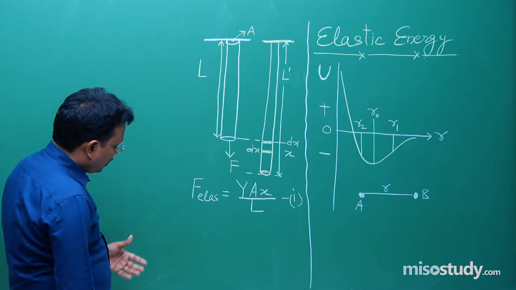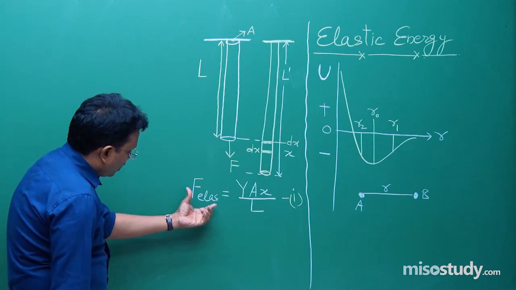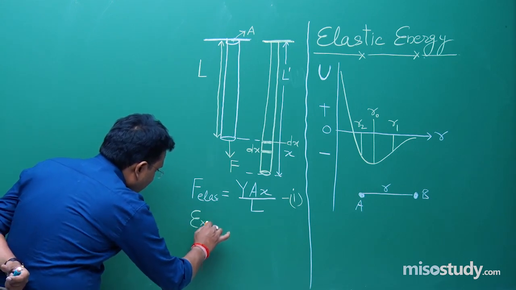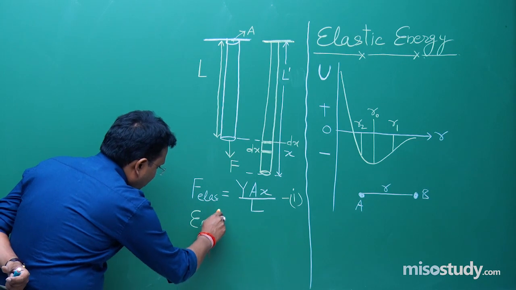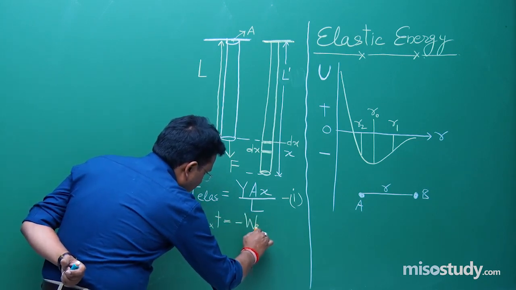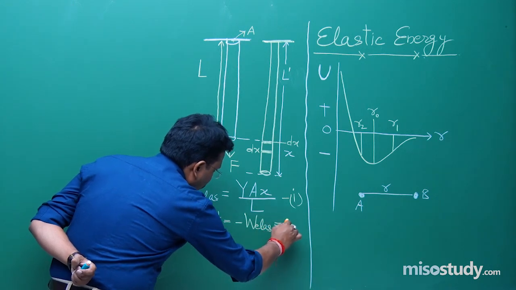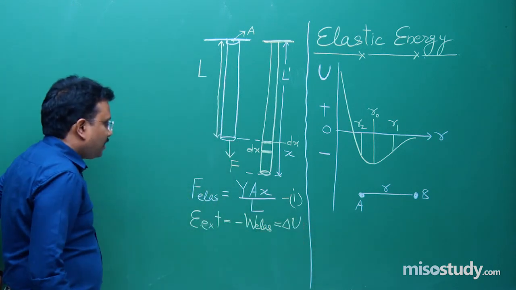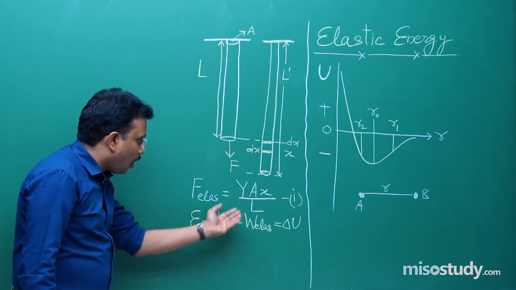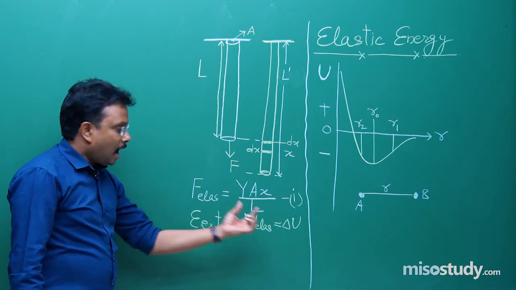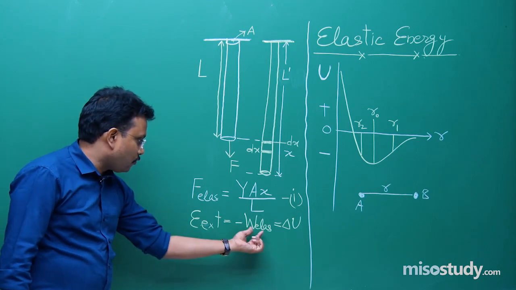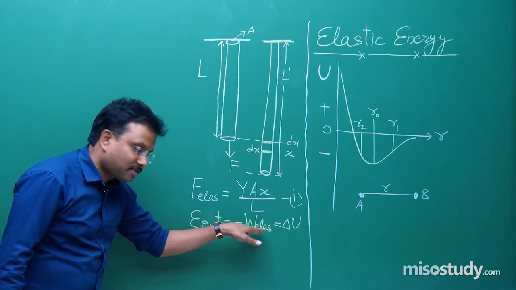Fine. Now from here I should talk in terms of energy. So this W external is equal to minus W elastic, which is equal to delta U. Same thing, same idea, same concept, but with all other different possibilities: either the electrostatic potential energy change or the work done by the elastic force, W suffix elastic.